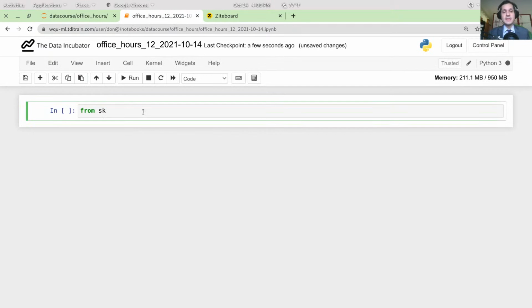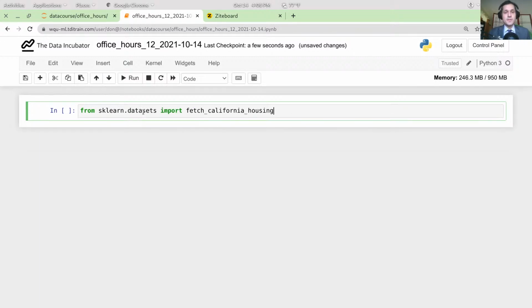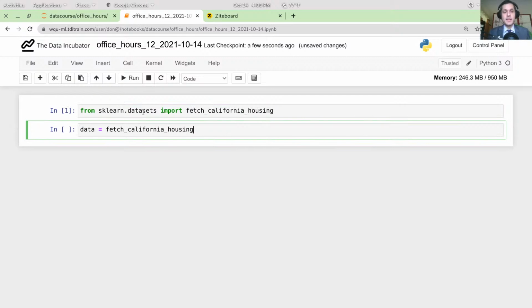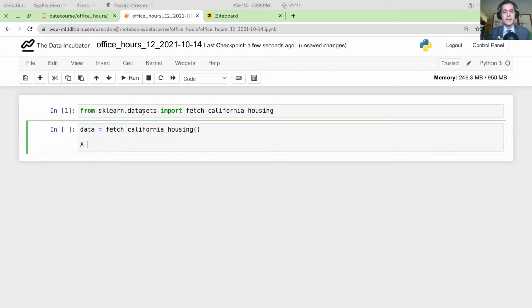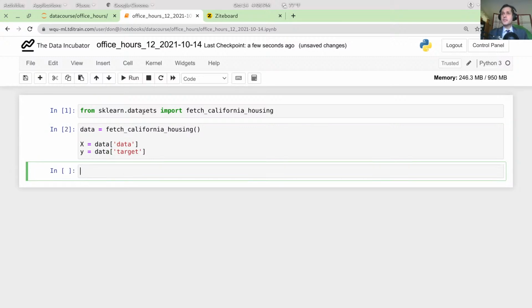All right, so I need a data set to play around with, and typically when I need a data set to play around with, I fetch that California housing data set. So I'll go ahead and run that, and I will say data equals fetch California data, and x equals data, y equals data target. And as always, we'll do a customary train test split.